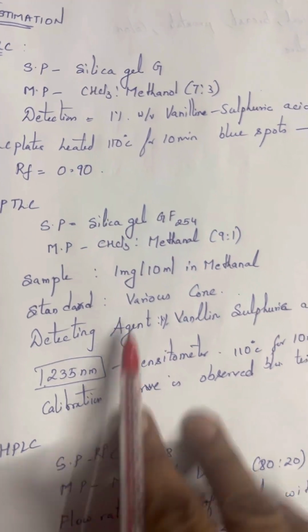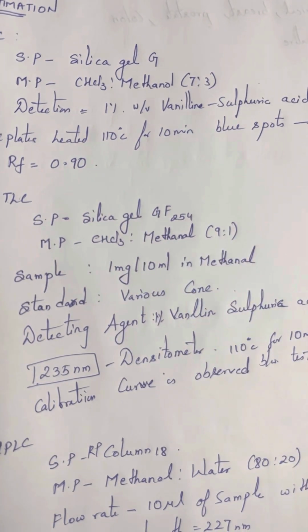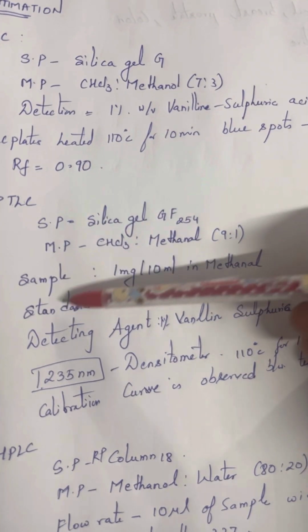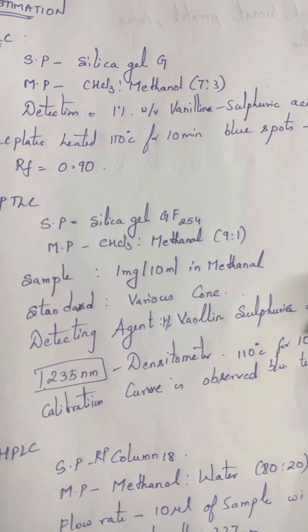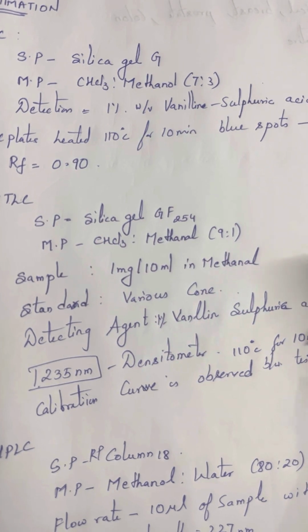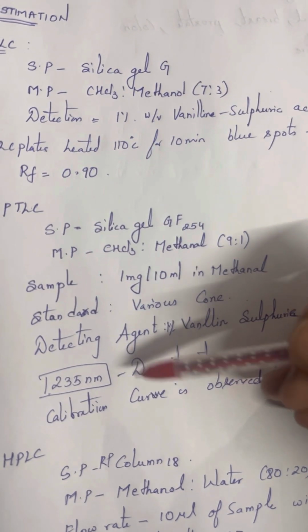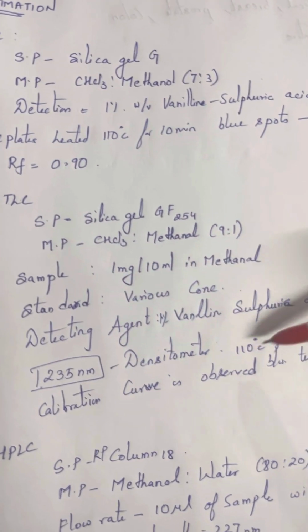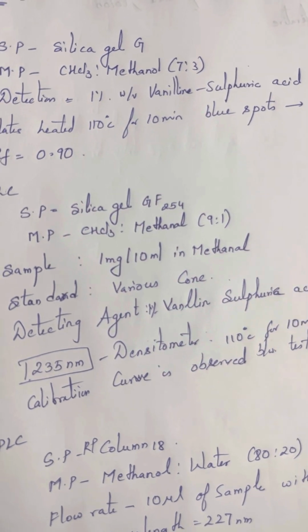Same thing: on the TLC plates, we place spots of various concentrations of the standard, and the sample concentration we already know. Where we get similar spots, those are taken out, and then kept in the densitometer at 235 nanometers, after heating the plates at 110 degrees centigrade for 10 minutes.